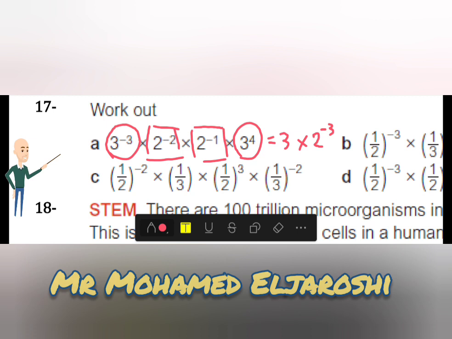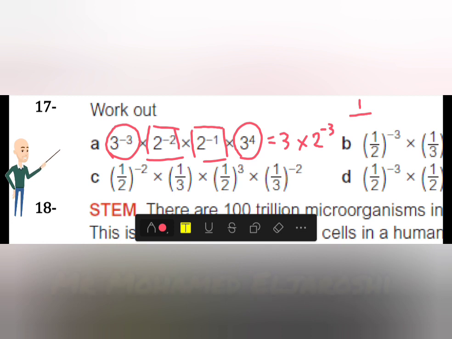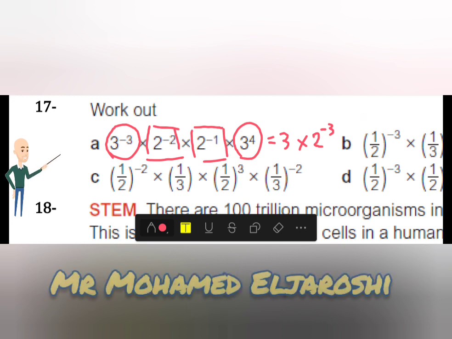No problem. This one is going to be 1 over 2 power of 3, which is 1 over 8, and the 3 will be on top, so 3 over 8. Depending, you can write it as it is in the calculator, and it will give you the answer.